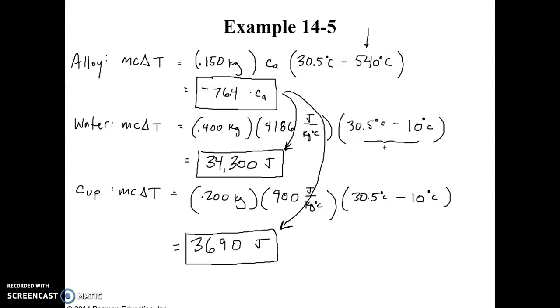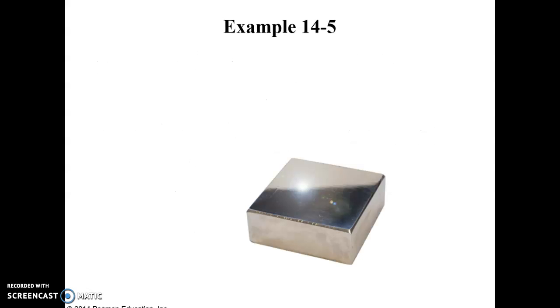Okay, so we can set up an equation now that the sum of all of those heats will equal 0. So we have the heat lost by the alloy, negative 76.4, plus the heat gained by the water, or the energy gained by the water, 34,300 joules, plus the 3,690 joules gained by the cup.